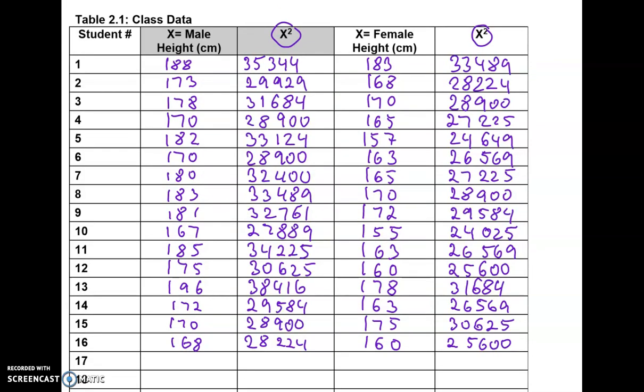Okay, so here is your class data table with the squares of the heights of the different students already filled in. So really all you needed was the heights of the male students and the heights of the female students. The goal will be to see if there is a significant difference.